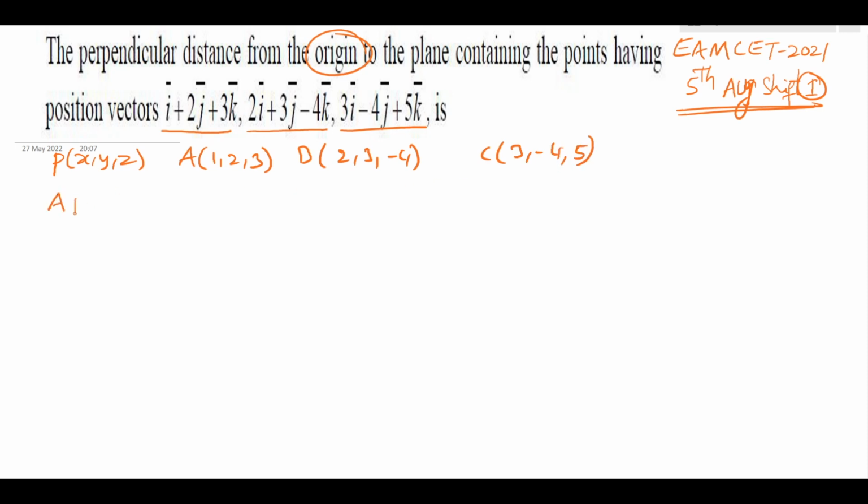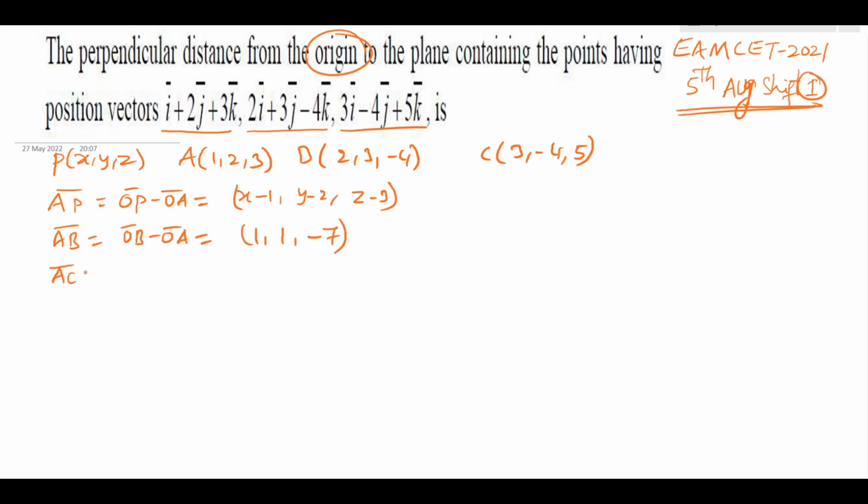First we find AP bar, that is AP bar is equal to OP bar minus OA bar, that is x minus 1, y minus 2, z minus 3, and AB bar is equal to OB bar minus OA bar, this is 2 minus 1, 3 minus 2, minus 4 minus 3, this is minus 7, and AC bar is equal to OC bar minus OA bar, this is 3 minus 1, minus 4 minus 2, minus 6, 5 minus 3, 2.